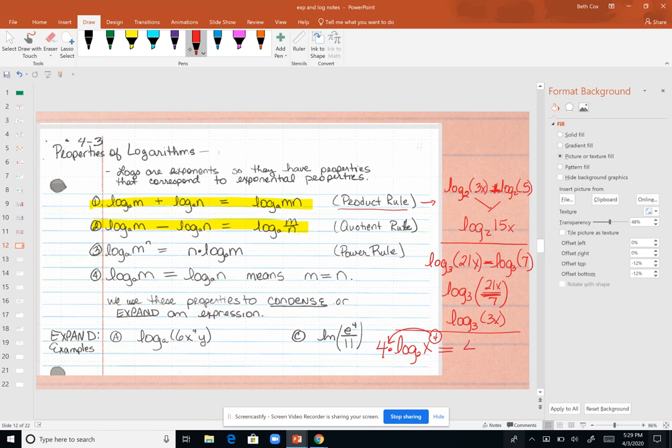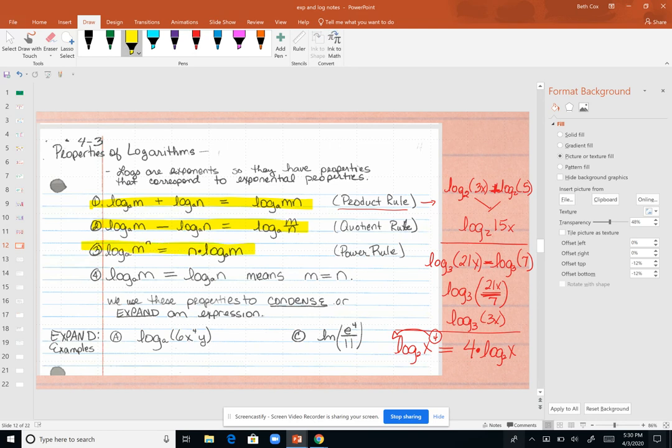And so that becomes 4 times log base 2 of x. And that's going to be real important in the future, because when we get to solving, that's going to be real important.